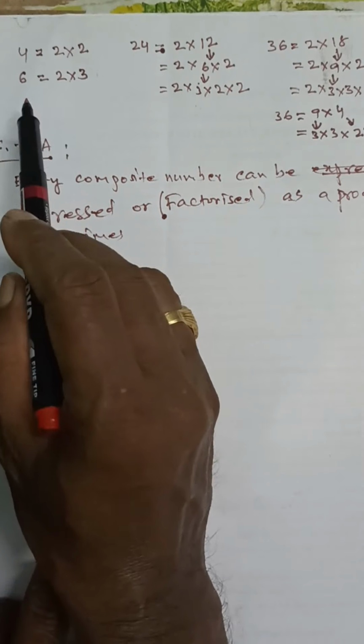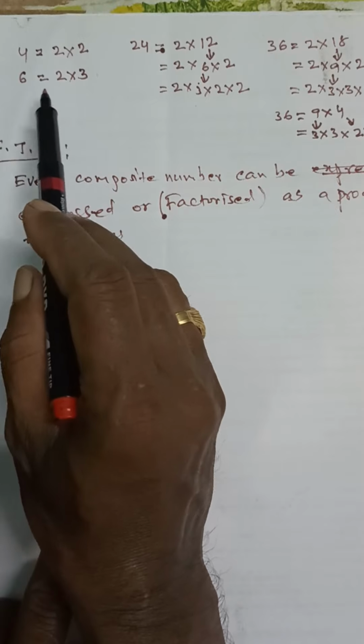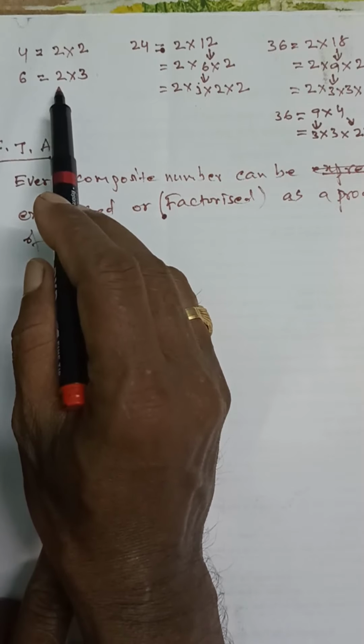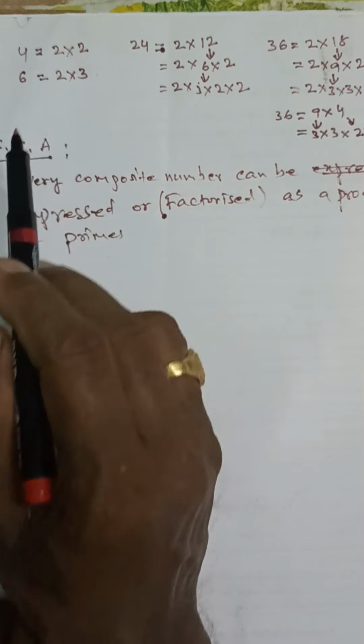Here a composite number can be expressed or factorized as a product of primes.